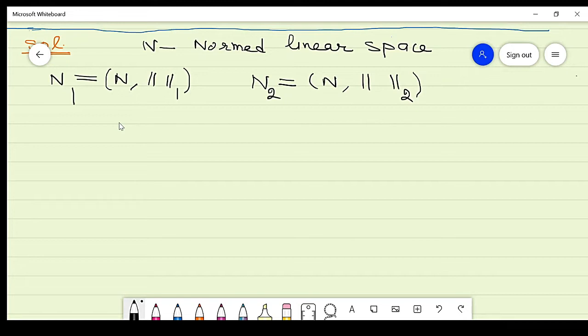These are different normed linear spaces. Now I define an identity transformation.